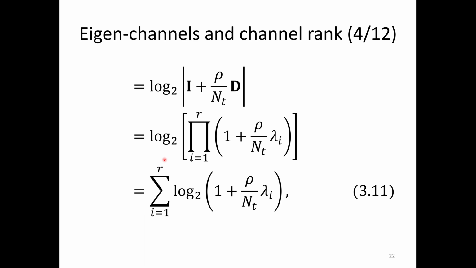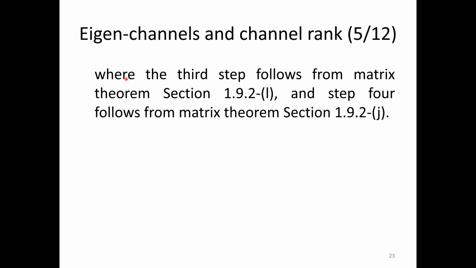So this equation is equal to the summation from i equals 1 to r of log 2 of 1 plus rho over nt times lambda i. We have talked about this: the third step and the fourth step come from two matrix theorems in section 1.9.2.